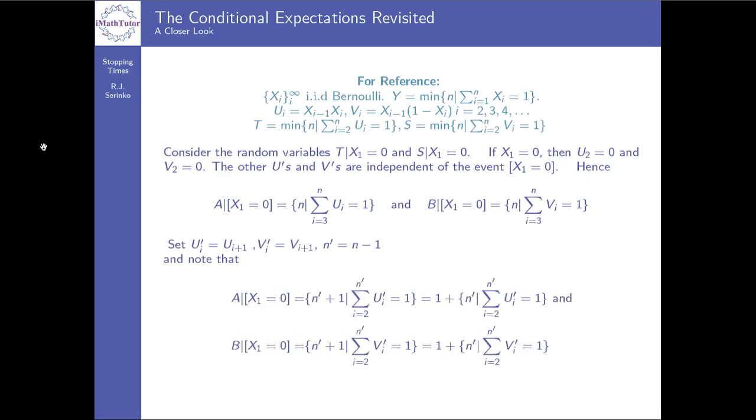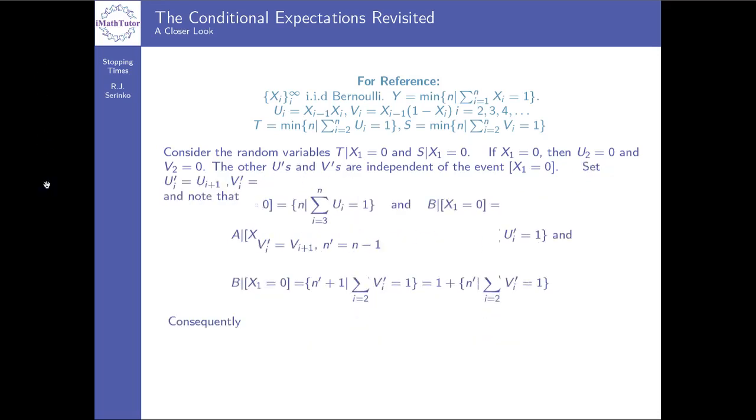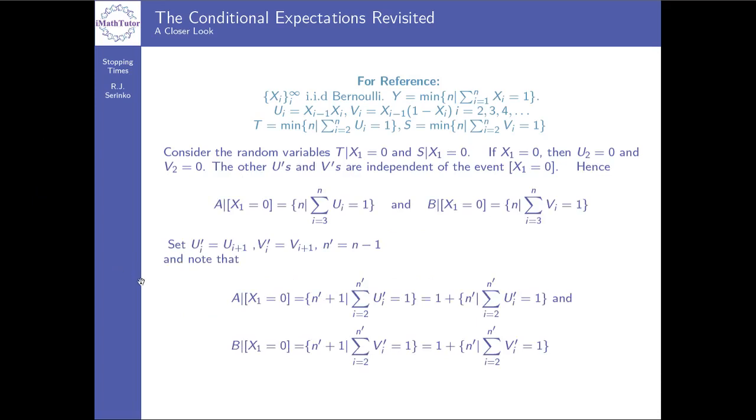And so now with this, we have the following expressions for A given x1 equals 0 and B given x1 equals 0. I want you to notice here that our summation now starts at 2. So it looks very much like what we have here and here.